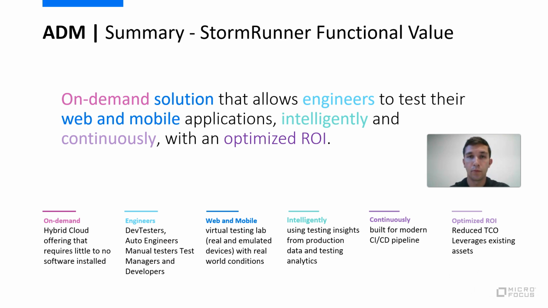It's designed for multiple personas, technical and non-technical alike, and it's designed to take the challenges that come with maintaining an on-prem lab and pass that off to somebody else to have readily available for you to use, so you don't have to worry about it anymore. You can leverage that existing budget that you used to use for an on-prem lab for a cloud solution, so you can spend more time focusing your resources on test execution, test script creation, and building those out as opposed to maintaining your lab.